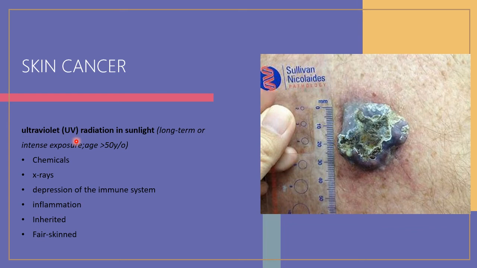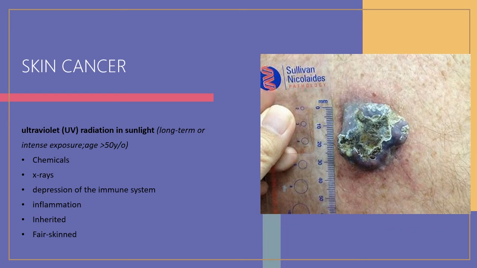Now, however, if this certain mutation is not repaired, then this is passed on to the daughter cells. So as they divide, no, as our epidermal cells divide during mitosis, they pass on the mutated genes. Okay, and so it becomes uncontrolled cell division. That's when skin cancer results.